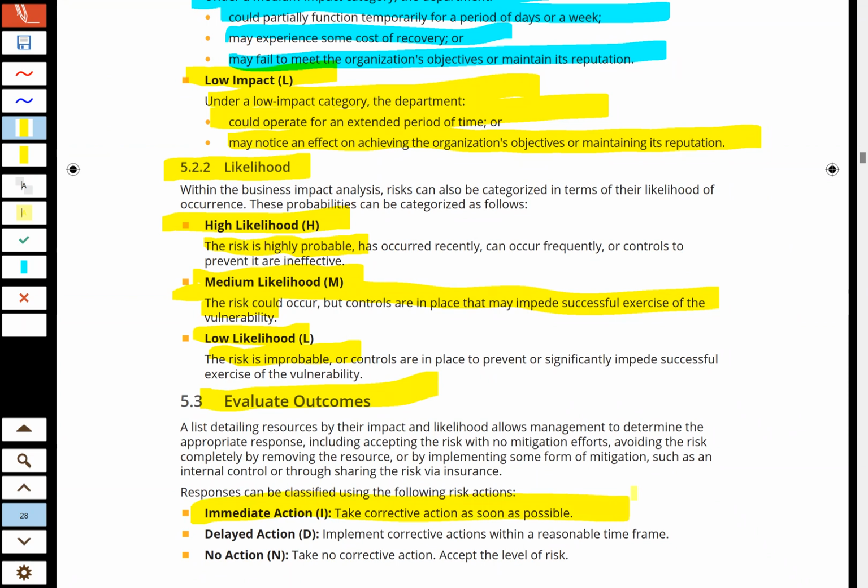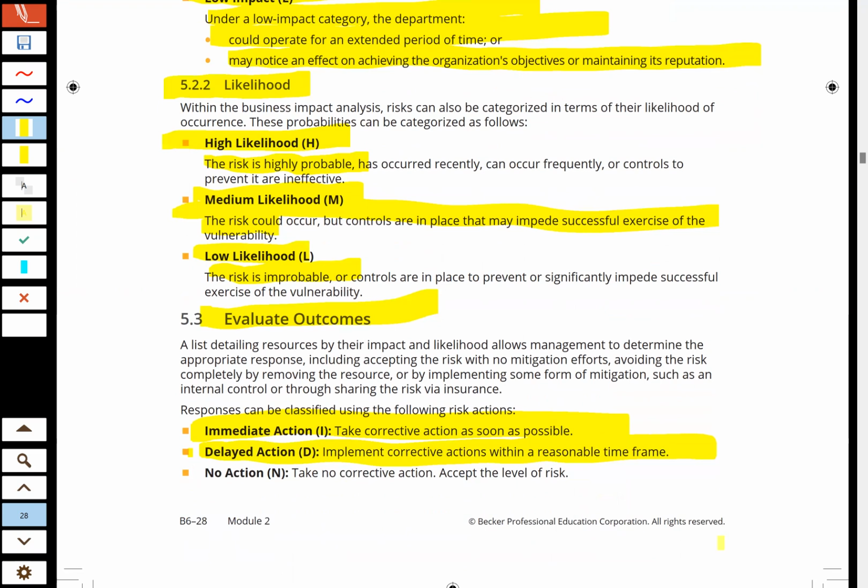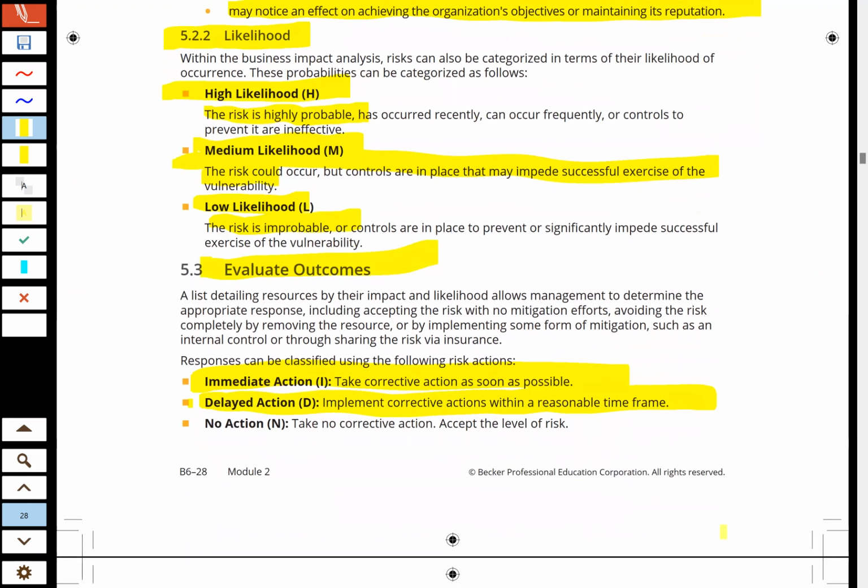If we are seeing that something is medium, then we would maybe take a delayed action, but we eventually would implement some sort of corrective action. And if something is low risk, low impact, I should say low likelihood, then potentially we would not have to take any action at all.